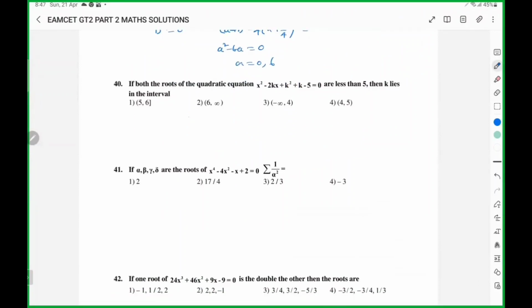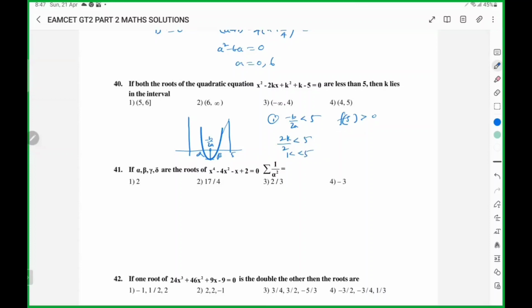Here, both the roots of the quadratic equation are less than 5. Here it attains its minimum at minus b by 2a. Condition 1: minus b by 2a must be less than 5, and f of 5 is positive. So 2k by 2 is less than 5, k less than 5.